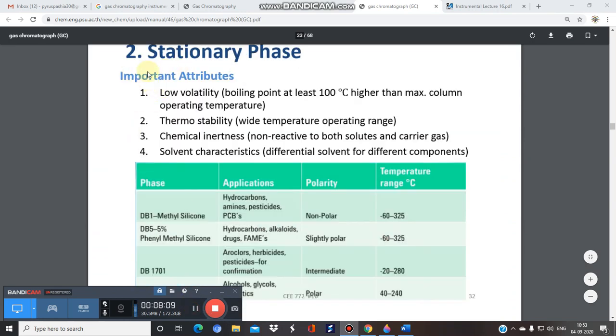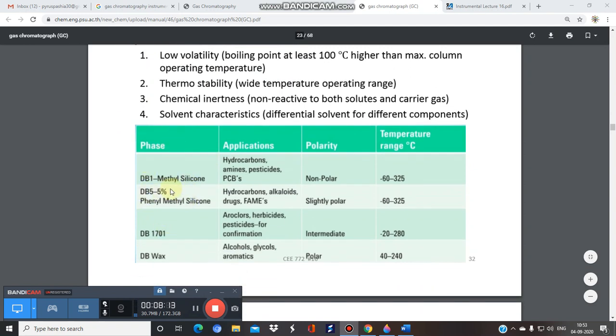Now see the most important part, the stationary phase. We have different types of stationary phases. Just see this: methyl silicone, or sometimes codes are used like DB-1701. And see the polarity. We use both types of stationary phases. Methyl silicone is non-polar, whereas DB-Wax is sometimes used for the isolation of alcohols and glycols, and these are polar.